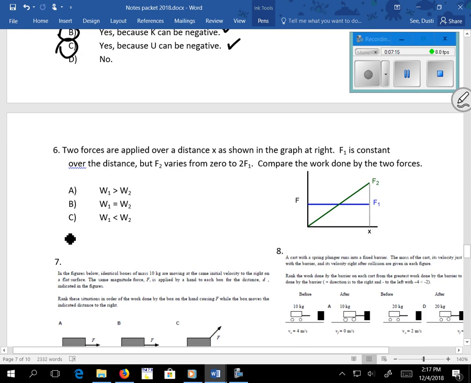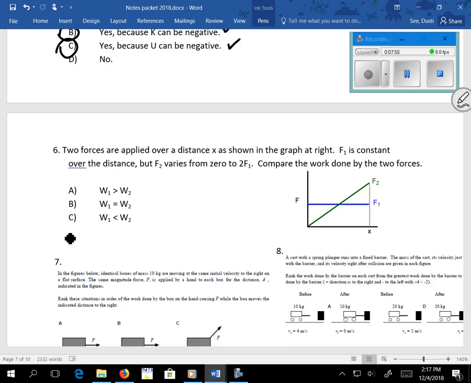Number 6. Two forces are applied over a distance of x as shown in the graph. F1 is constant over the distance, but F2 varies from 0 to 2F1, 2 times that of F1. Compare the work done by the two forces. Well, on a force versus displacement graph, I tell you to look at two things: the slope and the area under the curve. The area under the curve of this force versus displacement graph is work.